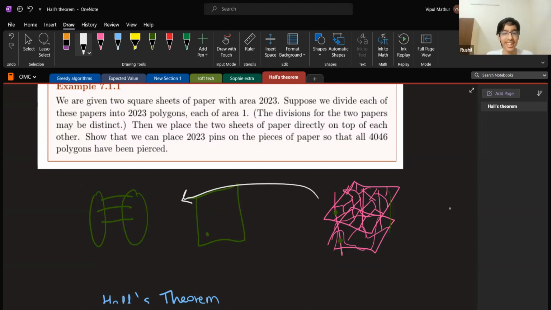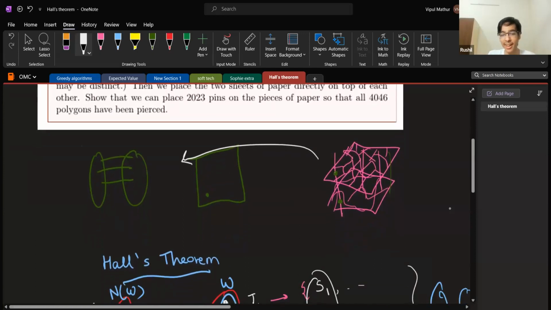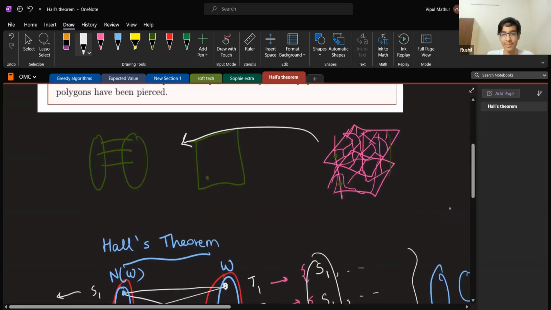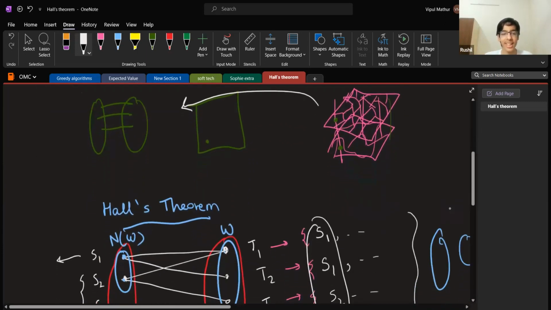We were dealing with simple geometry, and now suddenly you've gone to something entirely different. And that's what Hall's theorem really allows you to do. It allows you to go from something which looks like a very reasonable thing to an entirely abstract thing. And it just works so well there.